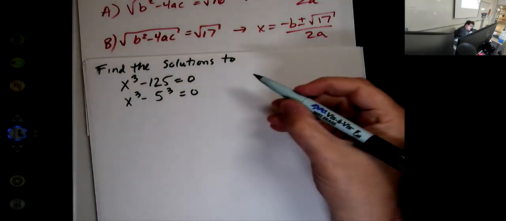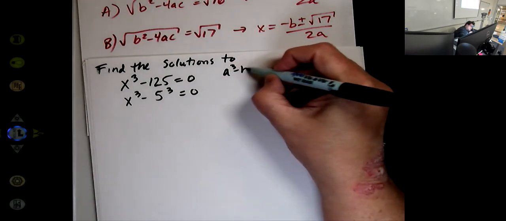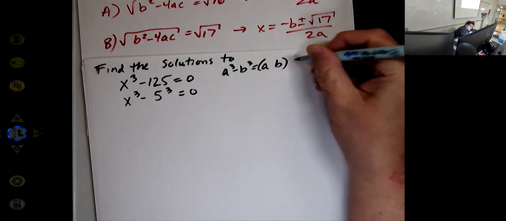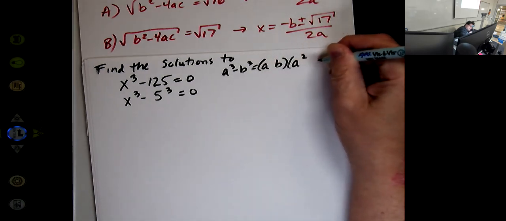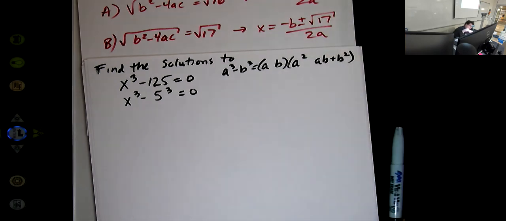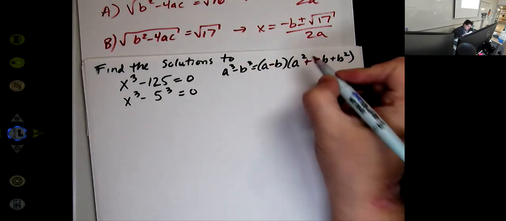So if you remember the formula for this, a cubed minus b cubed, the first parentheses had an a and a b. Then we had a squared, ab plus b squared. And whatever sign was in here matched the first parentheses and was opposite there.